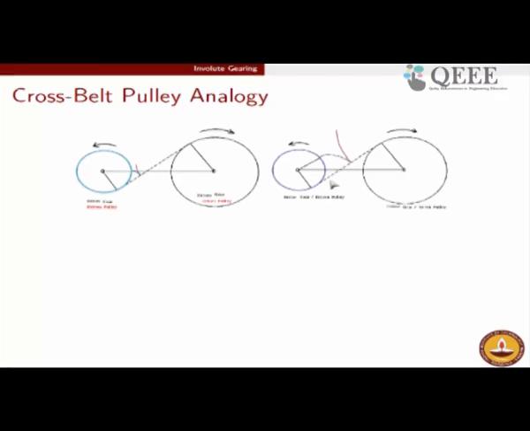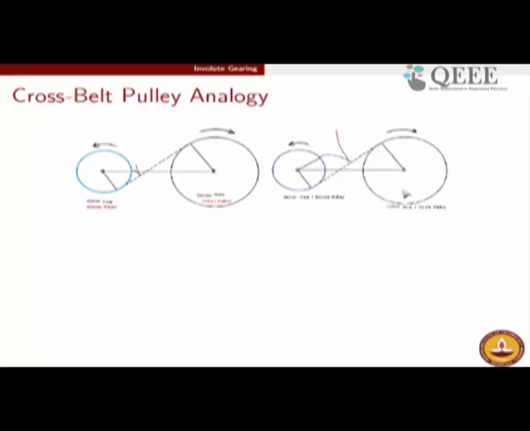So, what we have done is that as the involute is getting generated, we have shown you that the common normal of these two involute pairs is basically that cross belt, which is actually not changing during the entire course of engagement. During the course of engagement, the point of contact is changing, it is going outwards with respect to the smaller pulley, and it is going inwards with respect to the larger pulley.